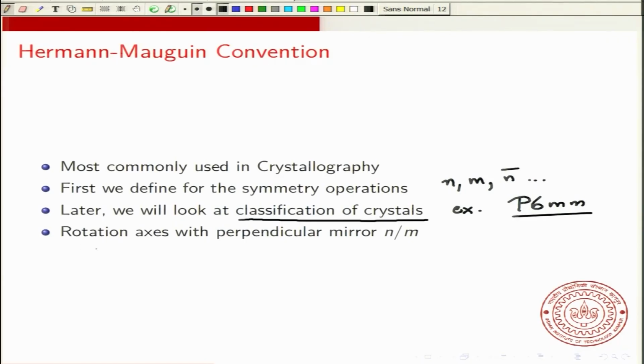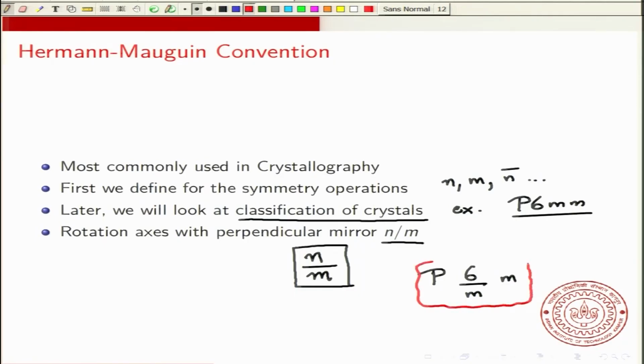And I also already mentioned that if you have a rotation axis with a perpendicular mirror, you use this symbol n by m. Actually it is n divided by m, and they should be written one below the other. So, for example, you can have something like P 6 by m in the notation for the crystal.